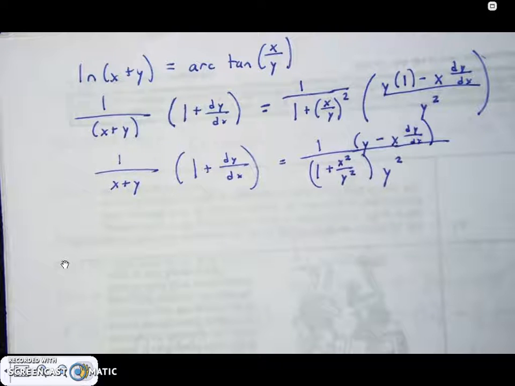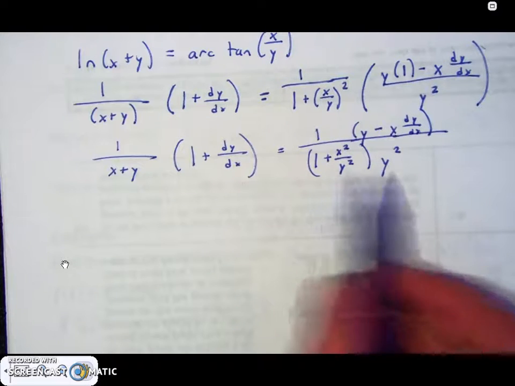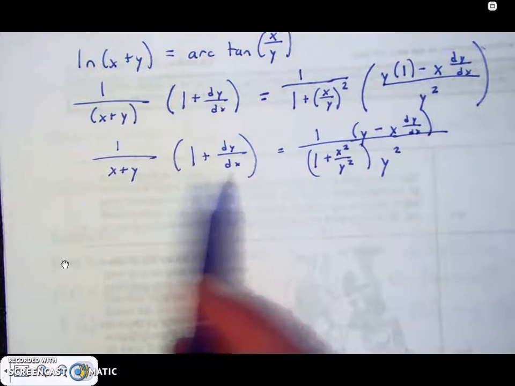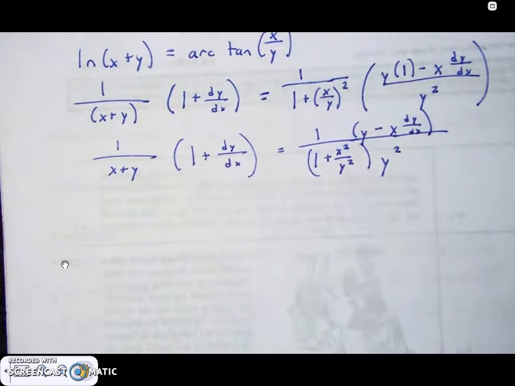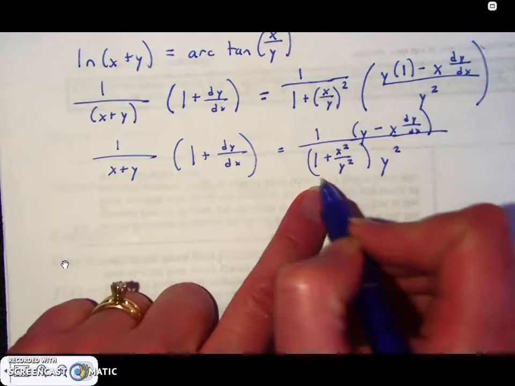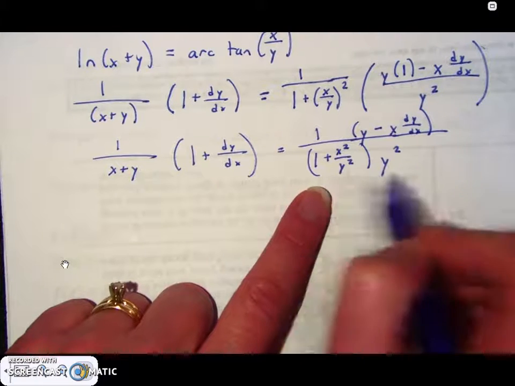Any reason why we didn't combine this? Nope, you can if you want. Basically, I'm going to try to get rid of all the fractions before I do much. So if you look at this guy, I might as well go ahead and distribute this.